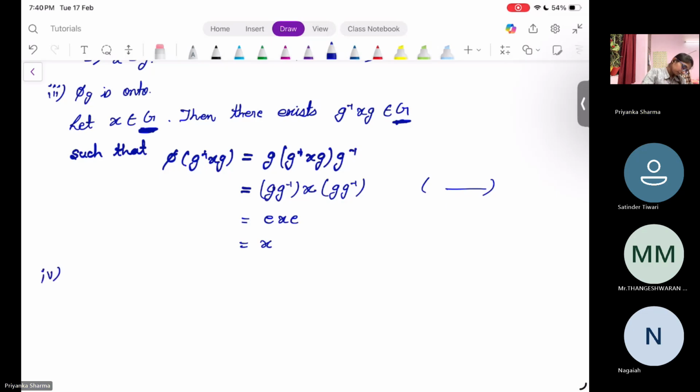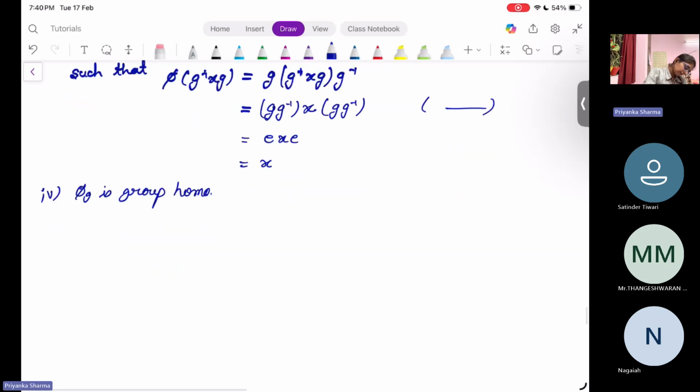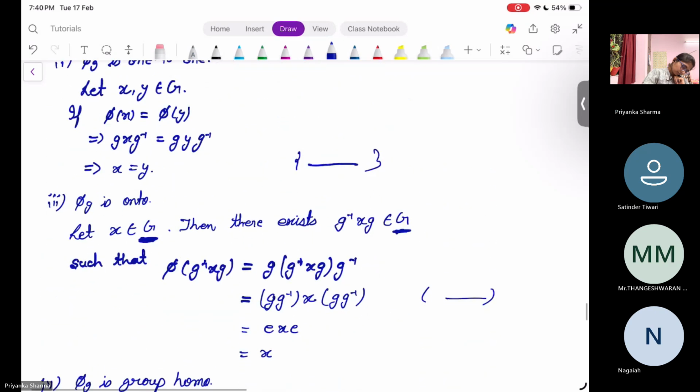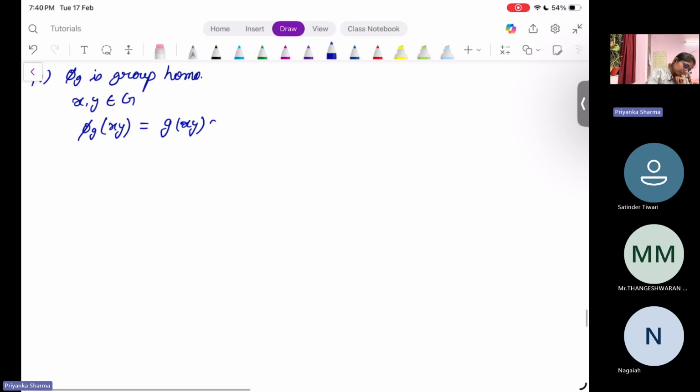Now phi g is a group homomorphism. So how to check that? Again, we need to consider two elements. x and y belong to G. And what is phi g of xy? That is g, the element, that is xy, and then g inverse by definition of phi g.